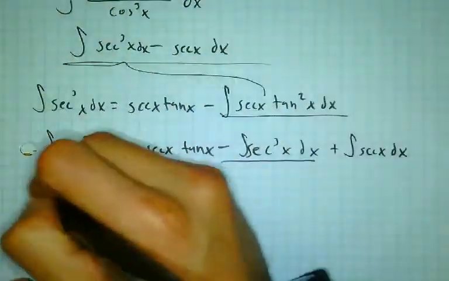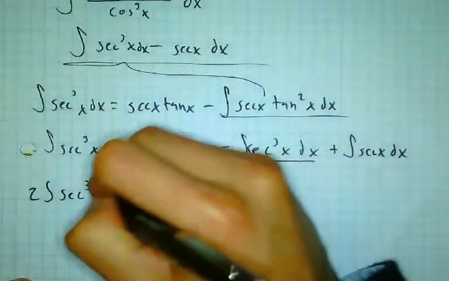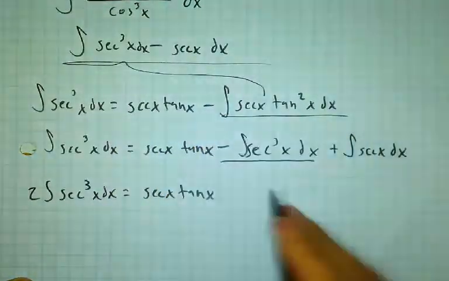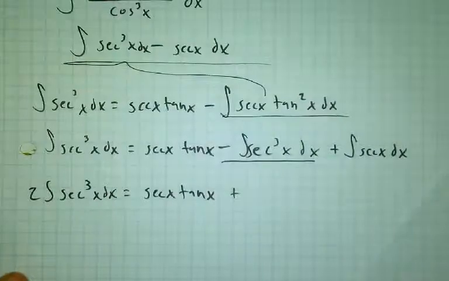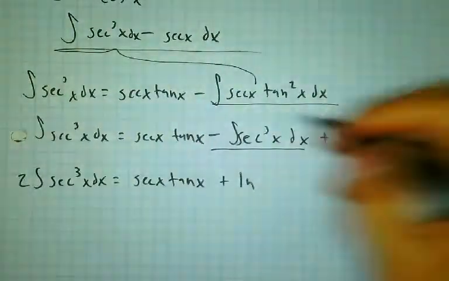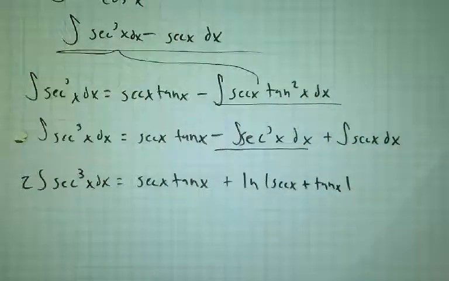So that gives you 2 integrals of secant cubed x dx is equal to secant x tangent x plus, we know the integral of that, right? What is the integral of secant of x? And what do I have to do then?